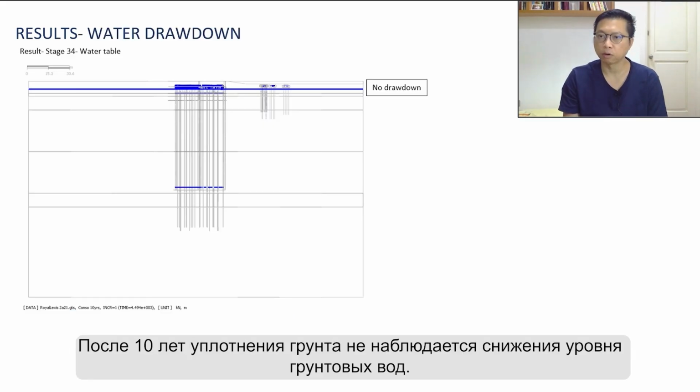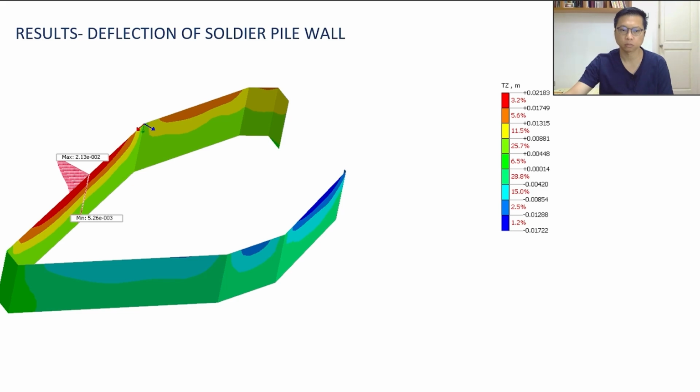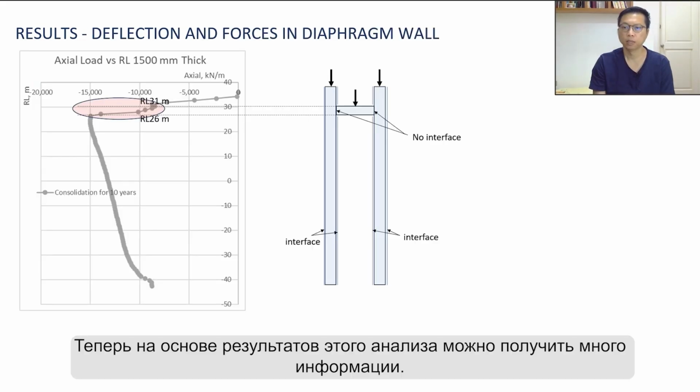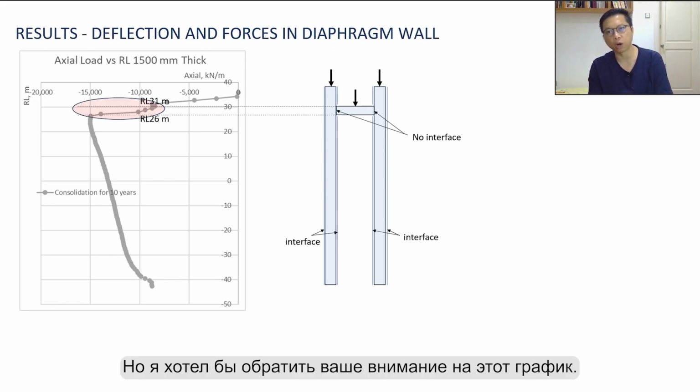There is no net groundwater drawdown after 10 years of consolidation. We expect the soldier pile wall to move 21 mm, and we expect the diaphragm wall coffer to move 4 mm. Now, you can output a lot of information from the analysis, but I would like to highlight this graph to you.